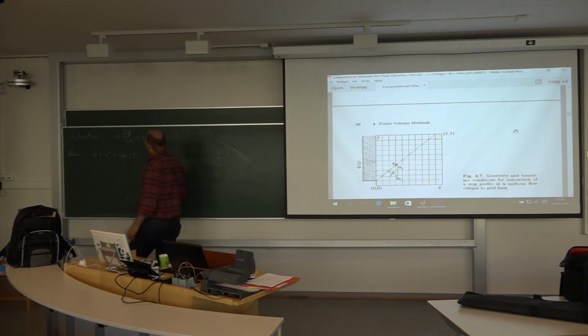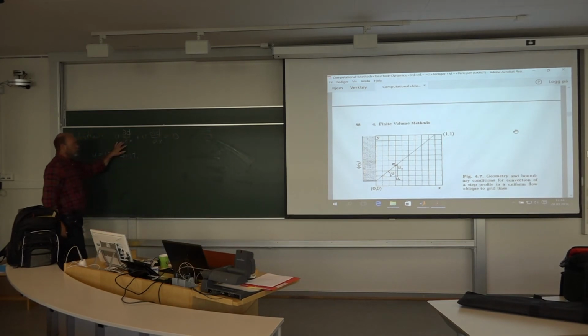And the advection equation now should represent just a scalar transport of this function phi, whatever that might be. Think of it as a concentration if you like.